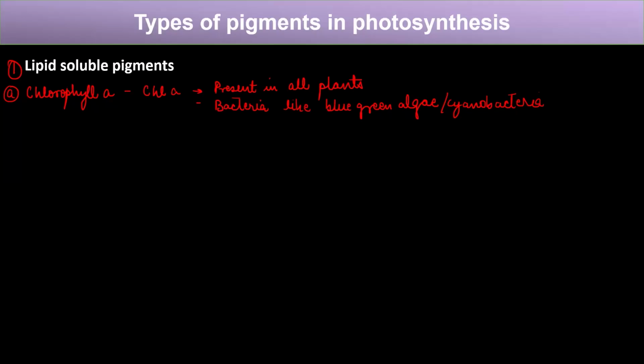Then the second type of lipid-soluble pigment involved in photosynthesis is chlorophyll B, represented by CHLB. Now, where is CHLB present? It is present in higher plants and in certain lower plants such as Euglena and green algae.